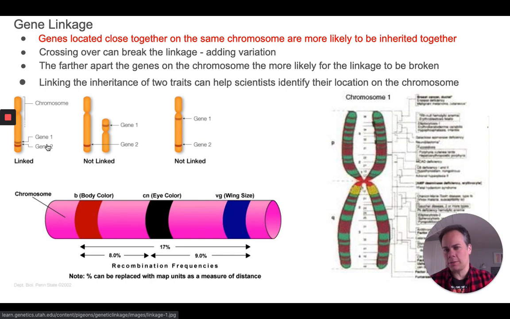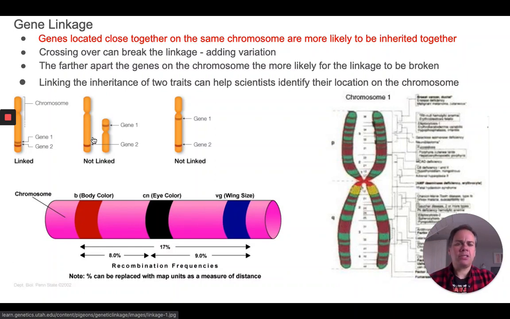If the two genes are far apart on the chromosome, they're not linked. Crossing over could happen in many different places between those two genes, and they could get separated from each other. And finally, if they are on completely different chromosomes, obviously they're not linked.